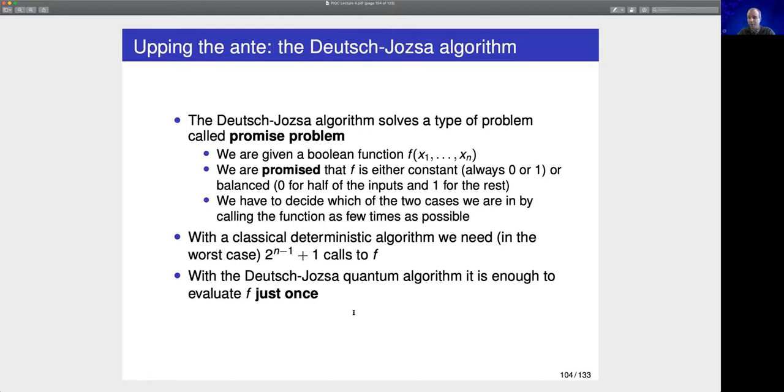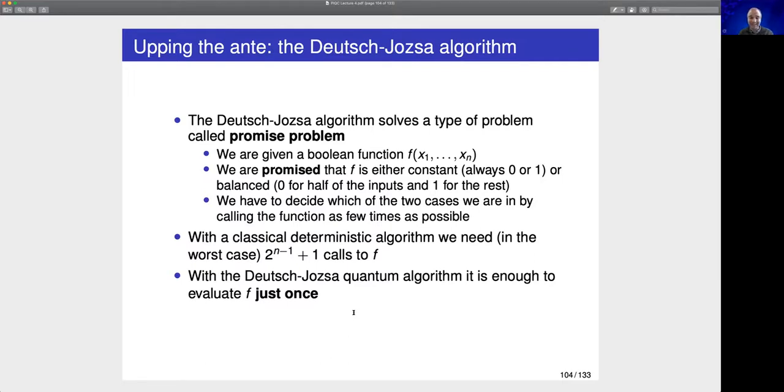A constant function is one that returns always 0 or always 1, while a balanced function in the n variable case is one that for half of the inputs, that is 2^(n-1), returns 0, and for the other 2^(n-1) returns 1, okay?